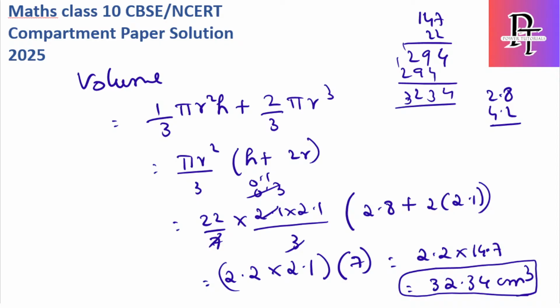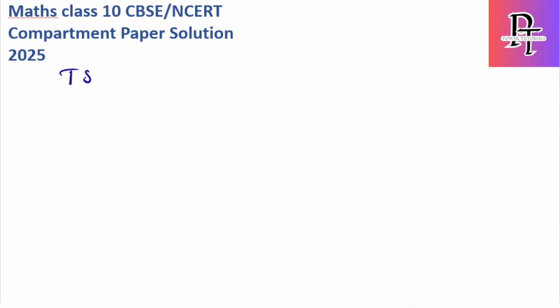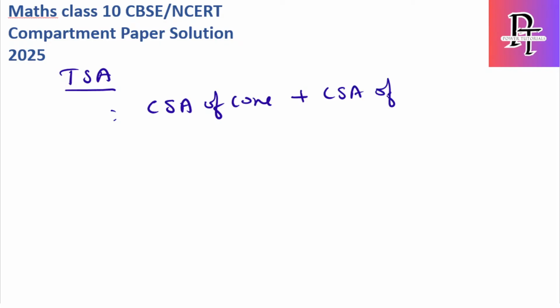Okay, let's find the TSA, so that we get how much area we need to paint. So TSA for this question will be CSA of cone plus CSA of hemisphere. Why are we not considering the bottom parts? Because the hemisphere's bottom part is inside the cone and the top part of the cone is also inside, so we don't need to find that.